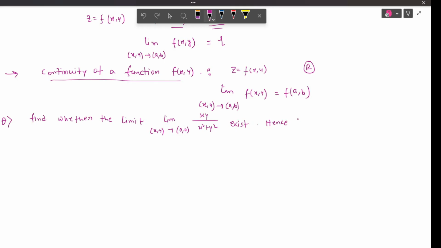Hence find whether the function is continuous at 0 comma 0. So let us see.